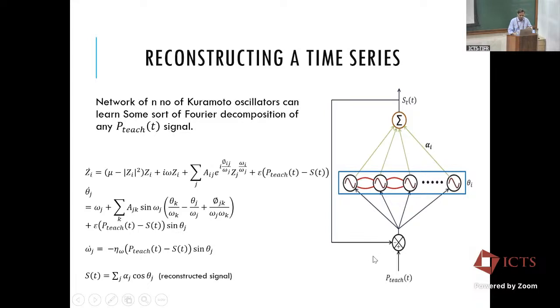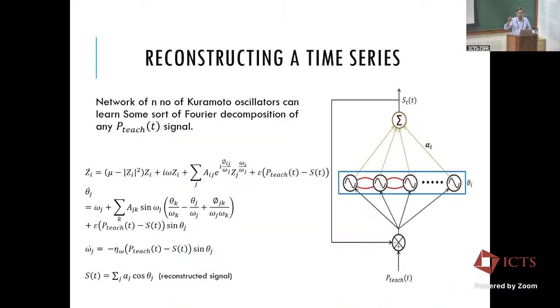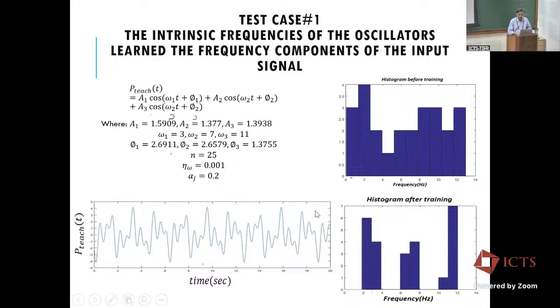There's a bunch of learning equations. I'm not showing them all here; they're in the paper. This learning happens in stages. First, you train all the frequencies of the oscillators. So we do that here. The oscillator frequencies are initialized by random values, and the histogram of the frequencies is almost flat.